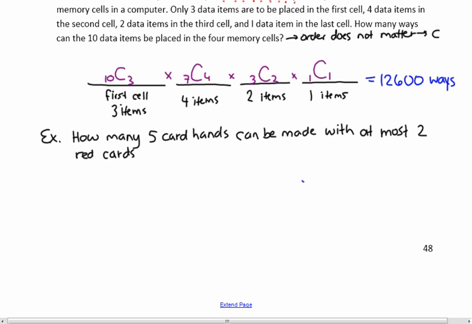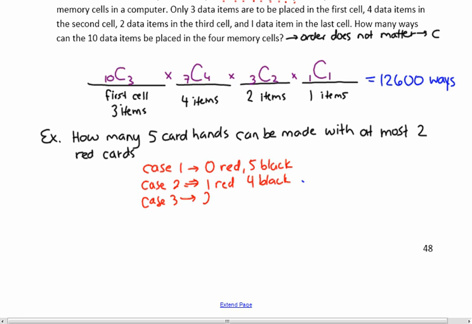So at most 2 red cards. So in this situation, we have cases. We have case 1, and 2 red cards, so we can have 0, 1, or 2 red cards at most. So if we have 0 red, then we have 5 black is one case. Case 2, 1 red and 4 black. Case 3 would be 2 red and 3 black.